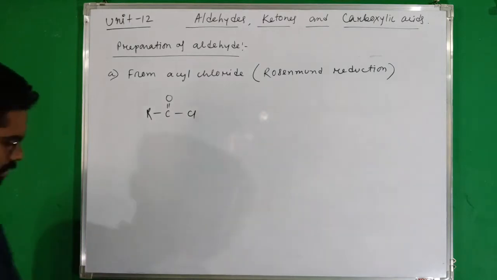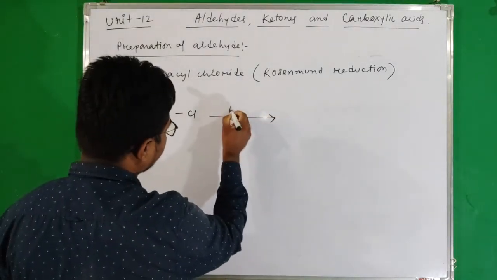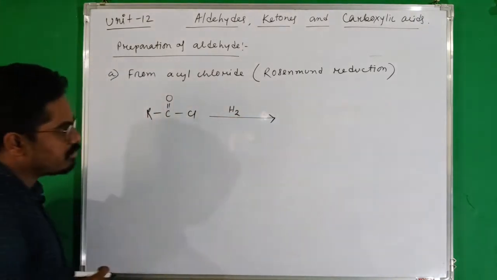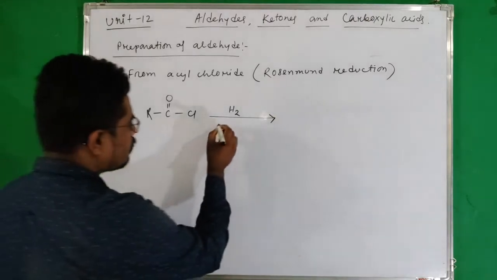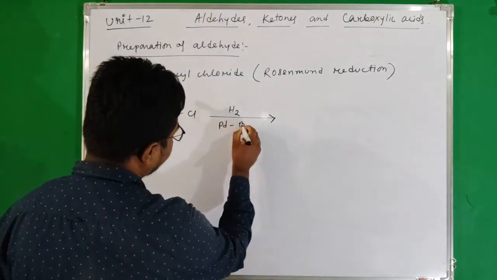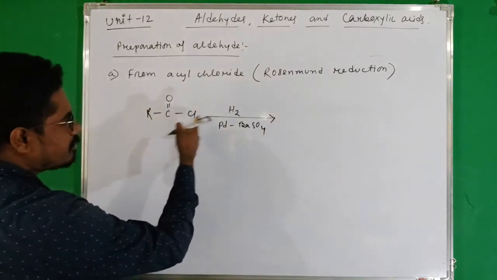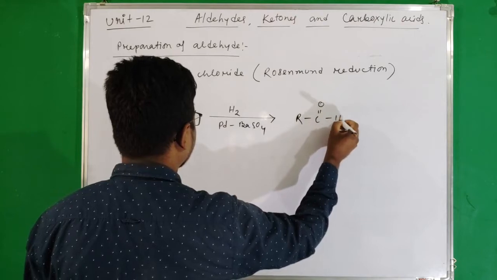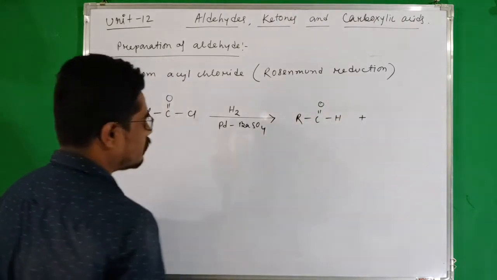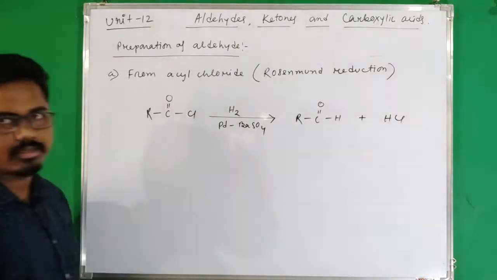When acyl chloride is reduced, reduction meaning addition of hydrogen, in presence of palladium and barium sulfate, then the chlorine is replaced by one hydrogen and the resultant product is aldehyde, and the side product is HCl. One hydrogen will combine with chlorine to give HCl.